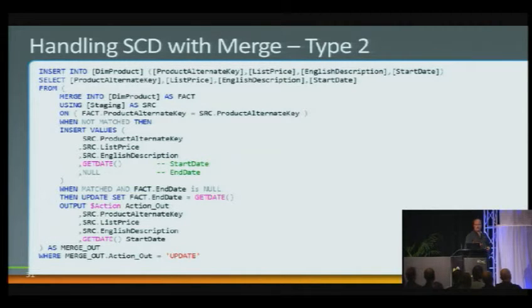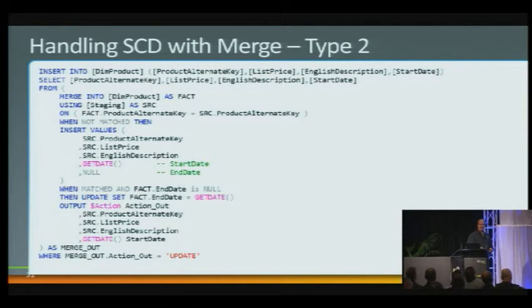So in type 2, I do an update and an insert: update the old record and then insert the new record with a new key. That creates a new record for this particular key. So this is a single command, as you can see.